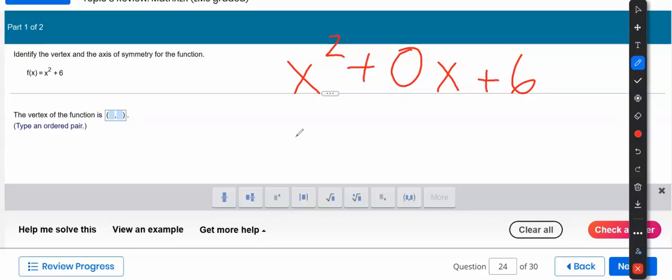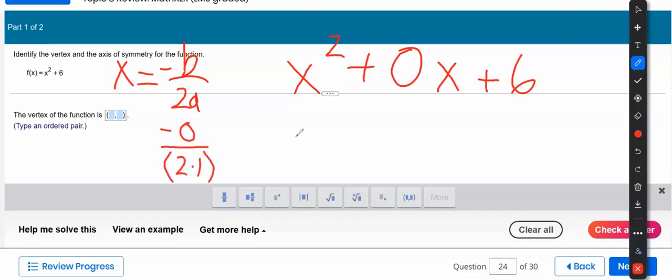Does that help? Yeah, I just need to... Would it be just like 0? Remember your whole opposite of b over 2a? Yeah. So the opposite of 0 over 2 times 1.